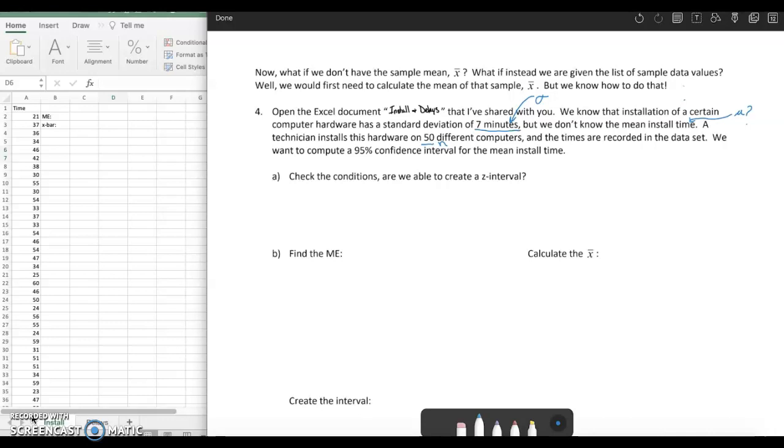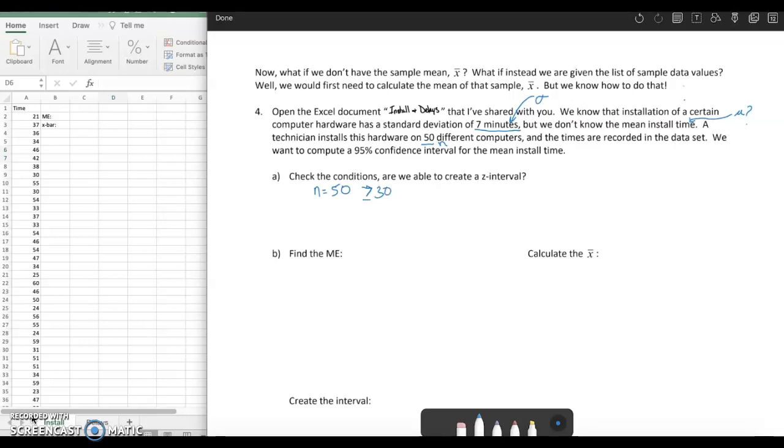First of all, it says to check the conditions. Are we even able to create a z interval here? Notice that we are not told that the original population is normal. There's no information about that. But because n is 50, which is greater than or equal to 30, we still are okay here.